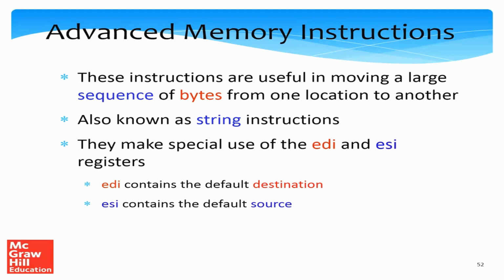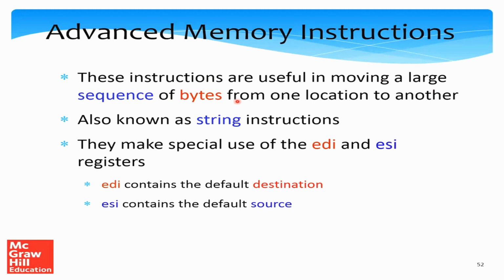So let me illustrate a typical case. Typically, some instructions will prove to be useful if we look at certain common programming patterns. A typical programming pattern is that we move a large amount of data, like a large sequence of bytes, from one memory location to another memory location.